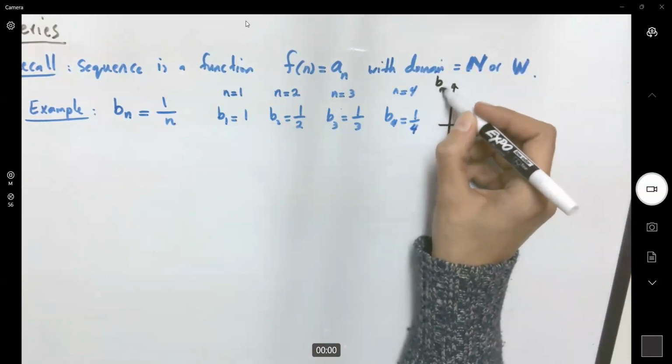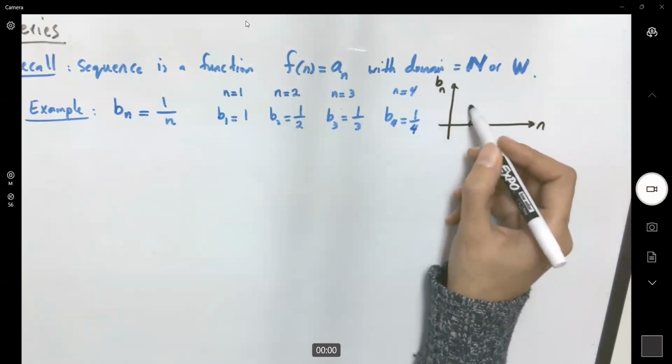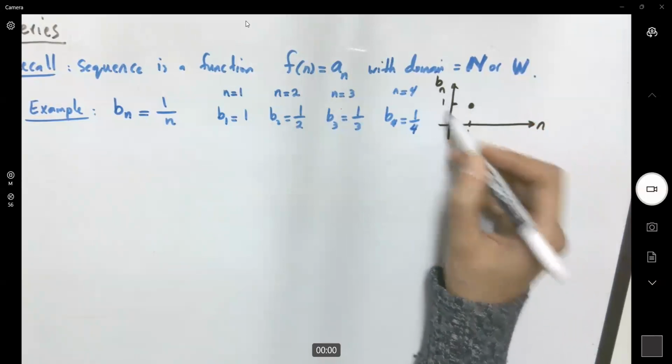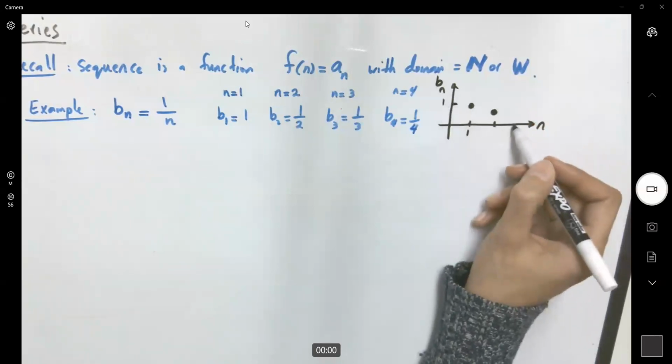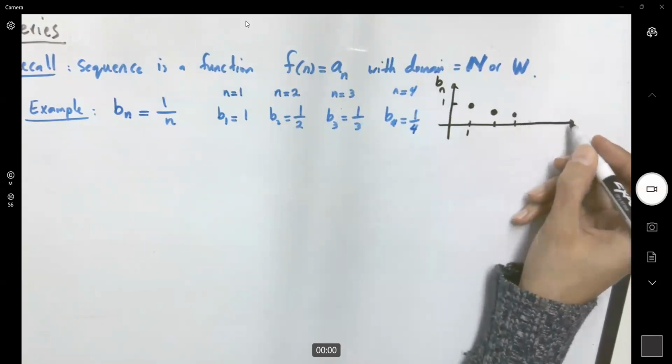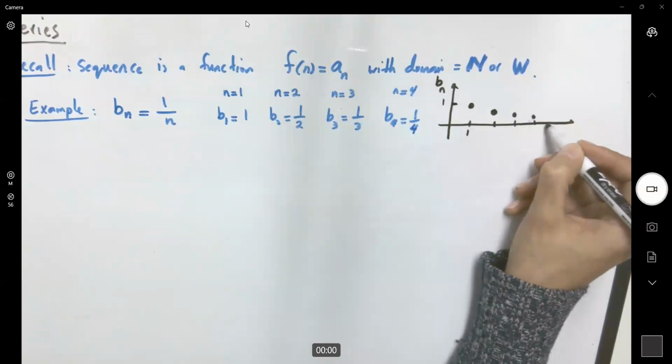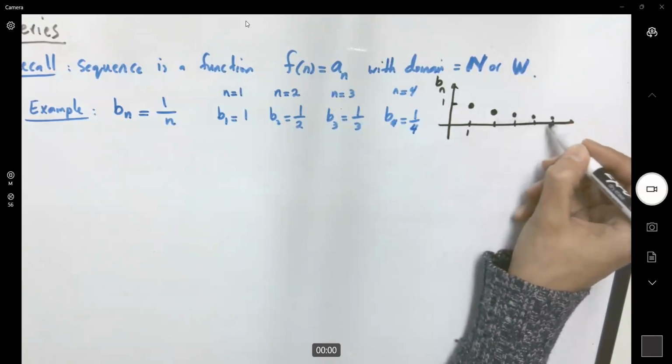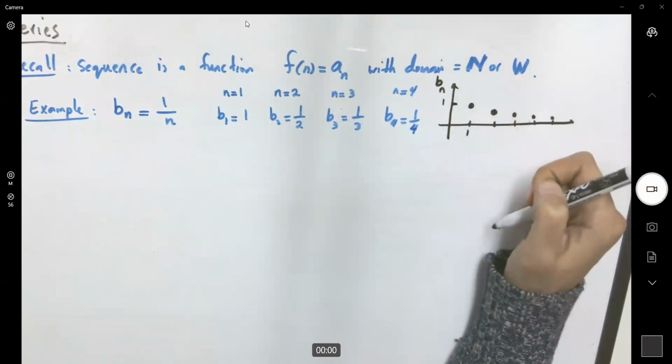And here you have b sub n at 1 and 1, 2 and a half, 3 and a third, and you can continue this process. You can graph this sequence. And as you can see, it's getting closer and closer to the y value equal to 0.